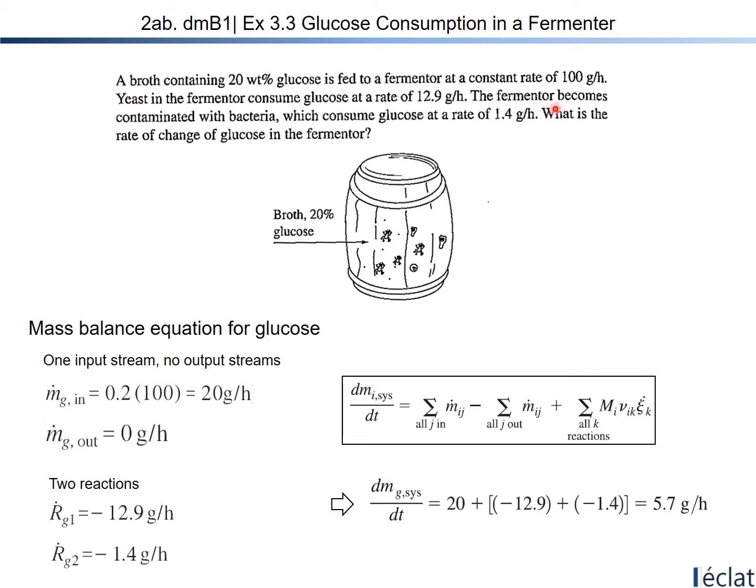The fermenter becomes contaminated, unfortunately, with bacteria, which consume glucose at a rate of 1.4 grams per hour. This value is the second reaction rate. What is the rate of change of glucose in the fermenter? dm_glucose/dt is the question.